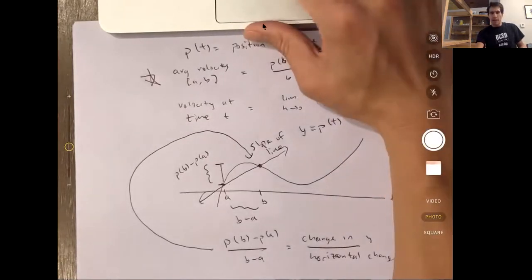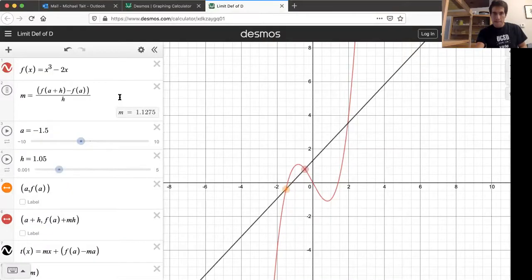So let's think about instantaneous velocity. I'm going to bring up a calculator here. We have a similar thing going on here. This is my t value, I think it's called a here. So a here is negative 1.5, and I want to know what is the instantaneous velocity at a equals negative 1.5.